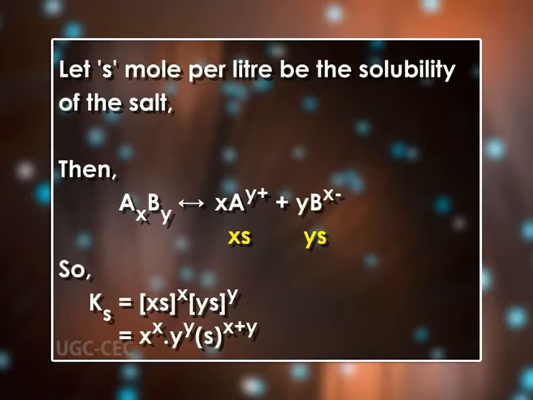The solubility of the first ion will be x times S, and similarly the solubility of the second ion will be y times S. So we will have the solubility product Ks equal to the concentration of (xS) raised to power x into (yS) raised to power y. Together we have a cumulative multiplication equal to x^x into y^y multiplied by solubility raised to power x plus y.